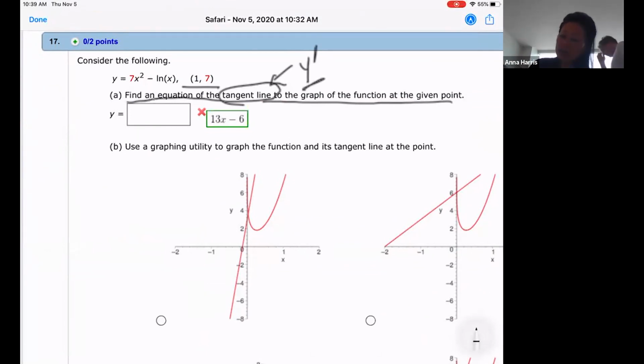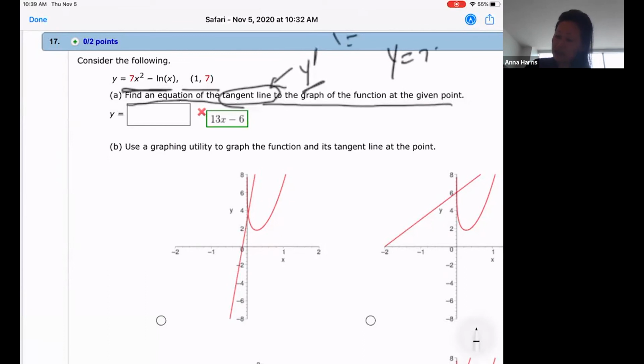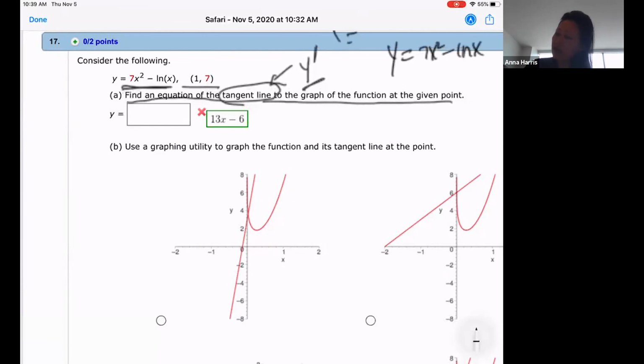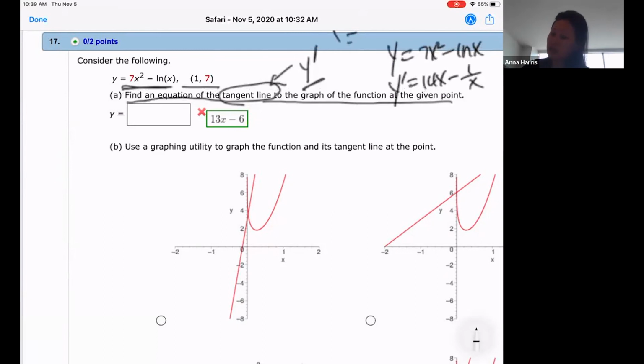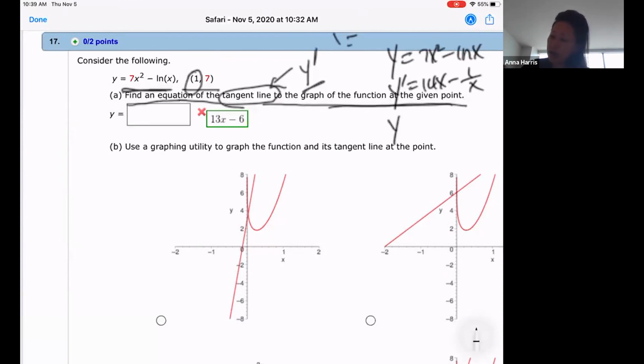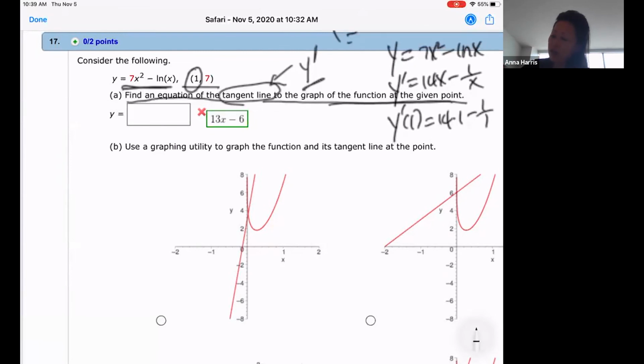So if I take a derivative of this, 7x squared minus natural log of x, so y prime would be 14x minus 1 over x. All right, so given that function at the given point, what's the given point? I want to plug in x as 1. So that gives me y prime at 1 gives me 14 times 1 minus 1, which is 14 minus 1.